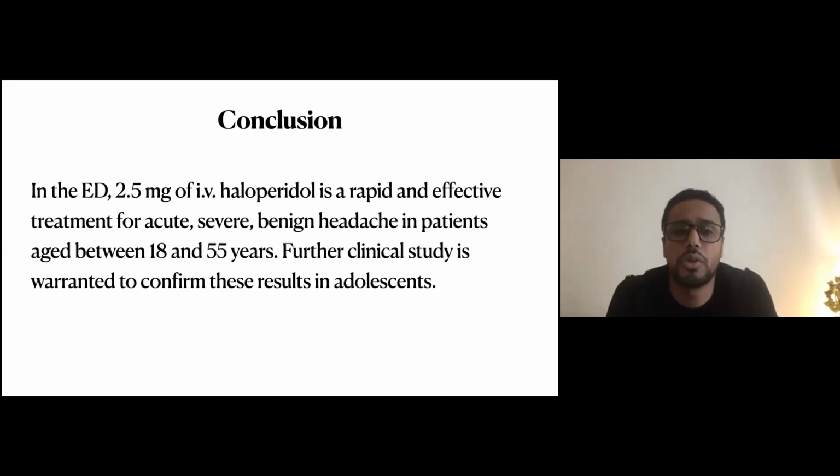The authors concluded that low dose Haloperidol at 2.5 milligrams is an effective treatment for patients between 18 and 55, and they will need more studies to see the effect in the younger age group.